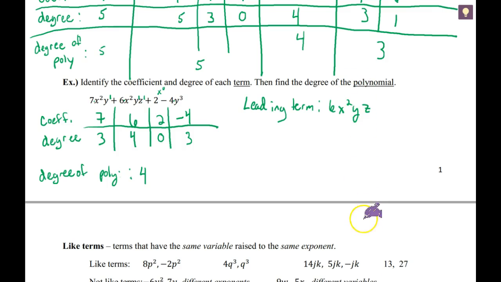And then usually you go in descending order from large to small. I'm not going to write this one large to small because this has two that are the same degree, but that leading term is always the one with the highest degree, and so the leading coefficient would be 6, and the leading degree would be 4. So it's all about that leading term.